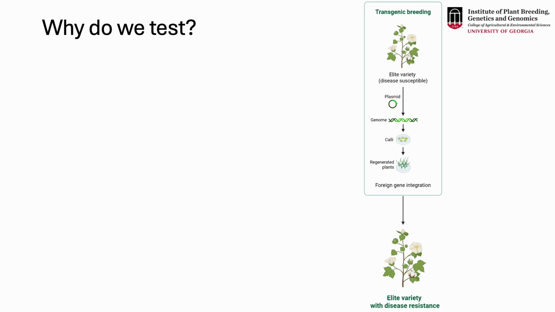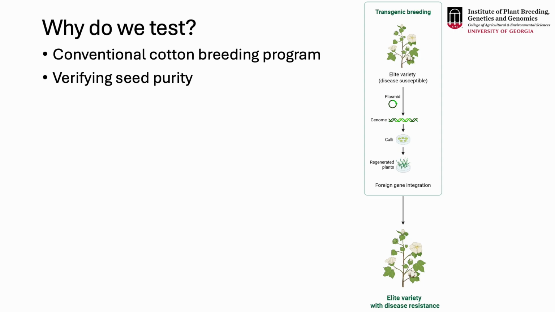So we test against transgenes in our breeding program because we're a conventional cotton breeding program, so we don't want those transgenes. We verify seed purity because pollen doesn't respect fences. If nearby fields or breeding lines carry transgenes, there's a risk of cross-pollination between those plants with insects.